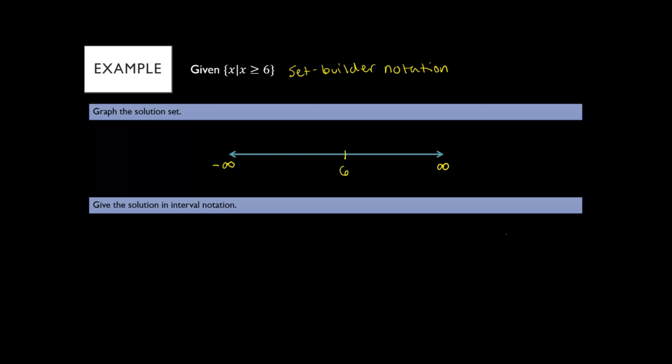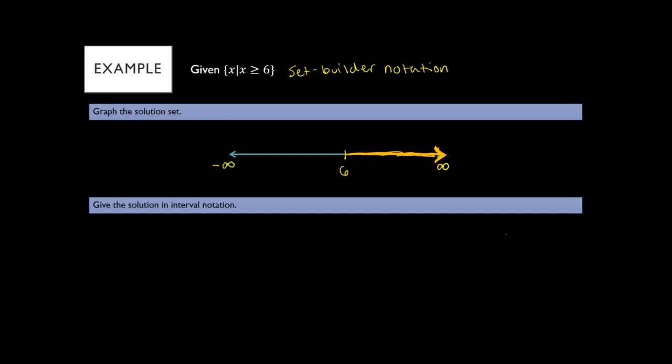So we have x is greater than or equal to 6. So greater than 6 means that we're to the right because that's where the bigger numbers are. So that's where I want to shade. I'm going to color in to the right, and then I go all the way until I hit the end, which is at the arrow.